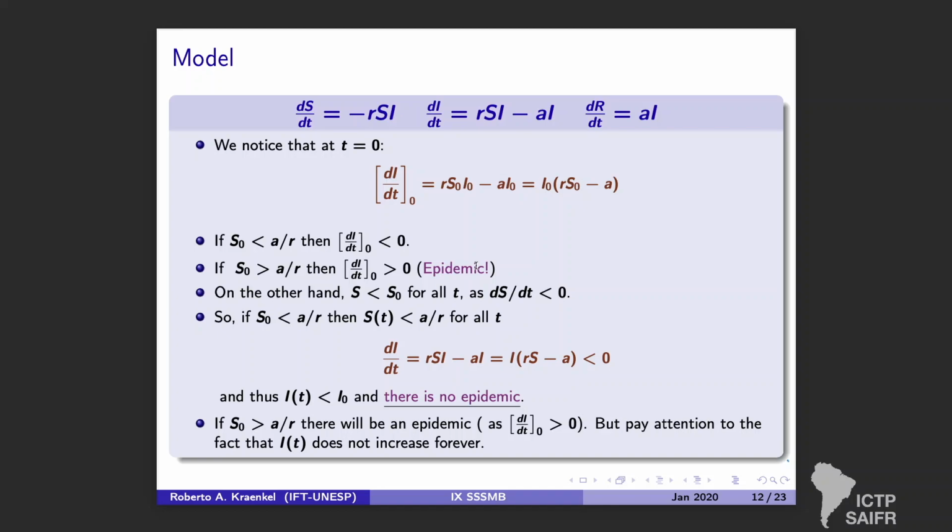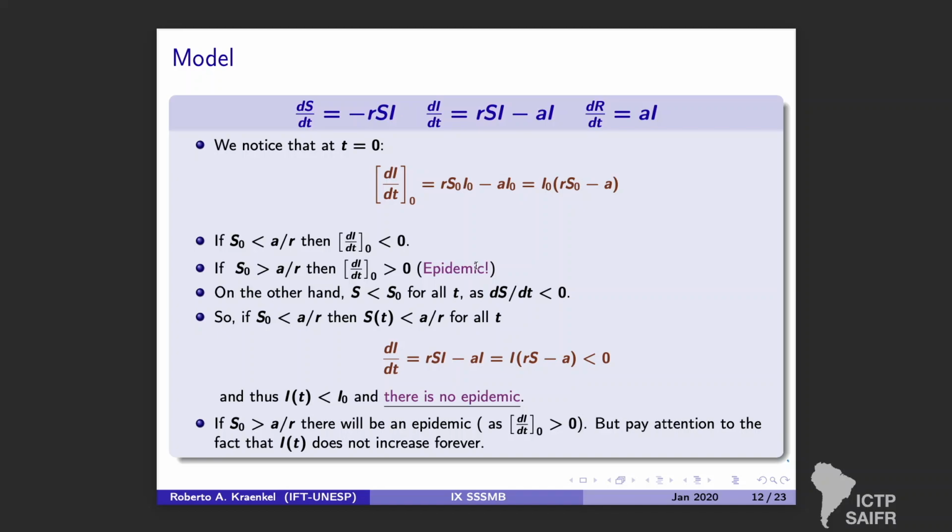All will depend on this, so dI at time 0 will be proportional to I0, which is a positive number, times R times S0 minus A. So it's the sign of this that will determine if the derivative is positive or negative.